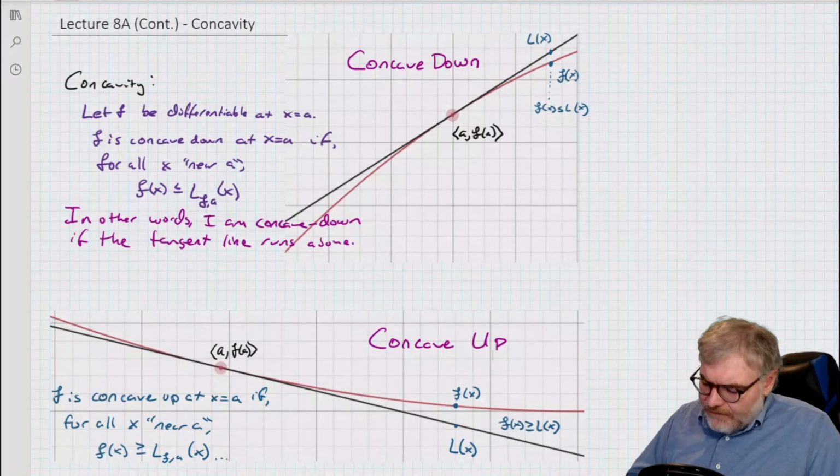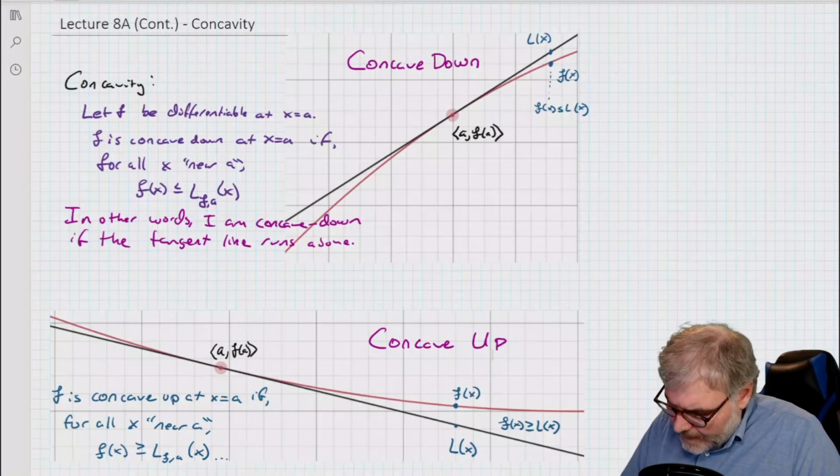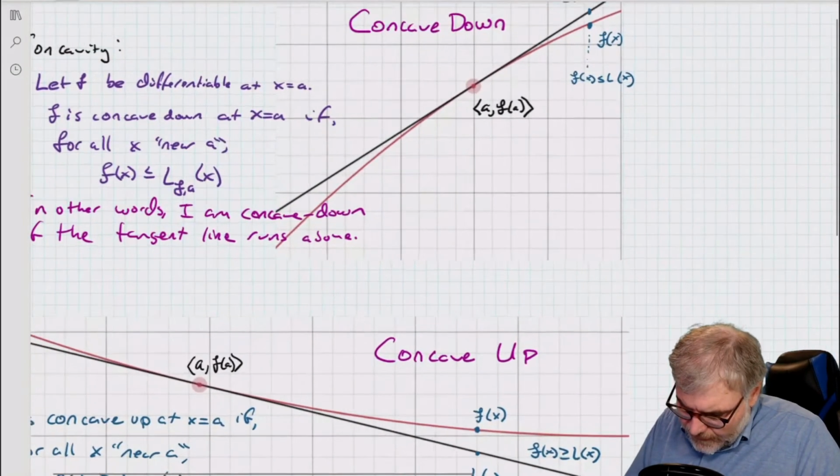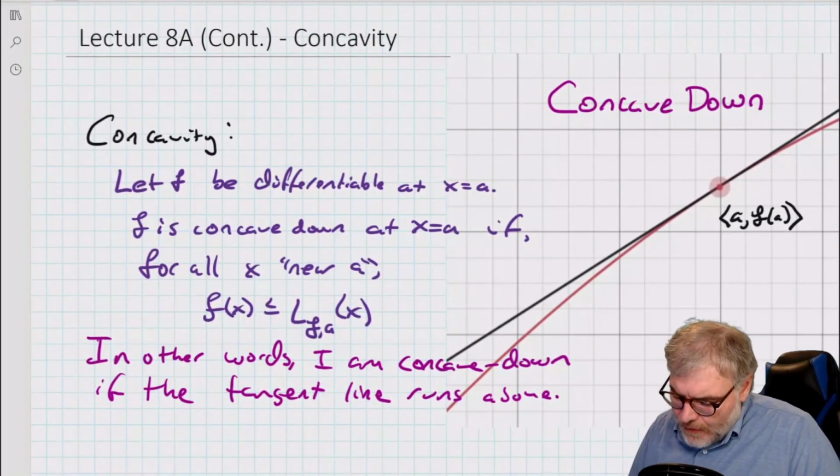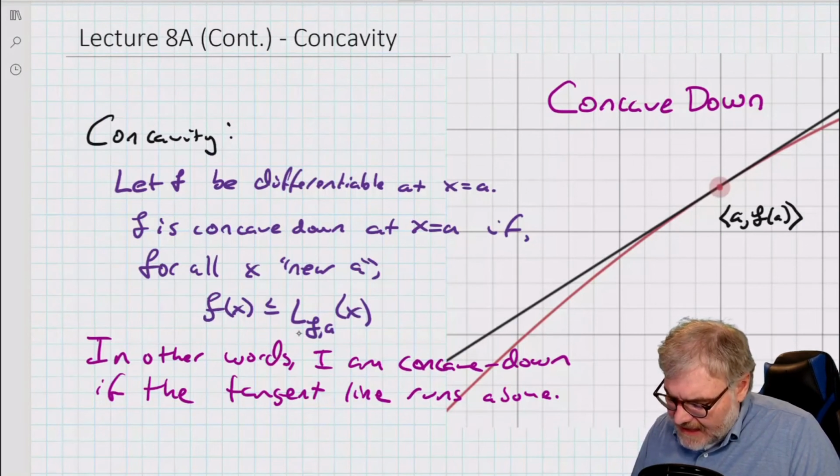So the way we're going to define concavity in this class, for functions that are differentiable, let f be differentiable at x equals a. We're going to say f is concave down at x equals a if for all x near a, f of x is less than L_f,a of x.